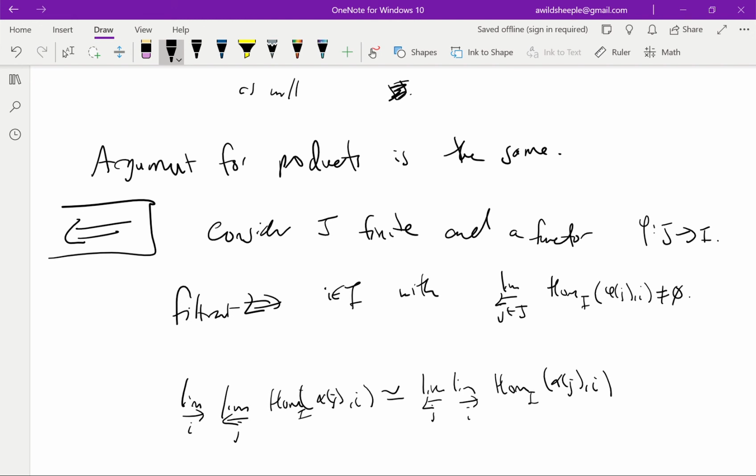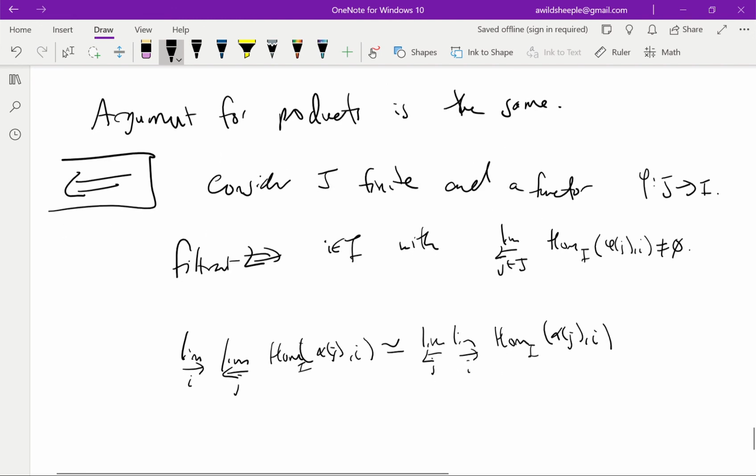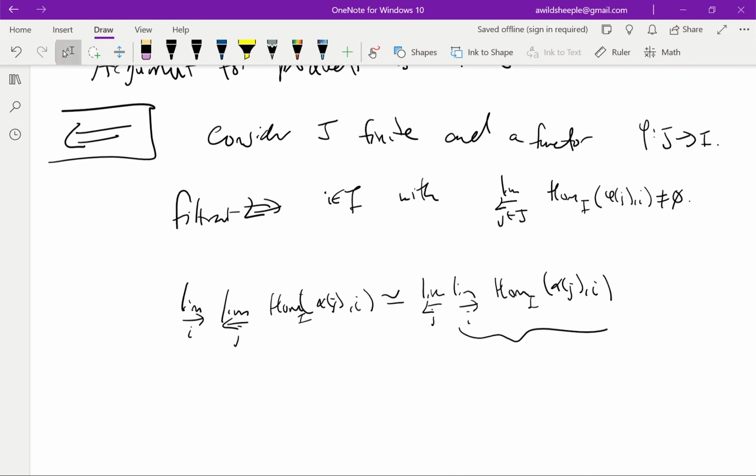Okay, but the catch is that on the right side, if I look at this here, that guy's a singleton. And this then makes the entire right-hand side a point, because I'm taking a limit over a bunch of points, so there's nothing to do here.